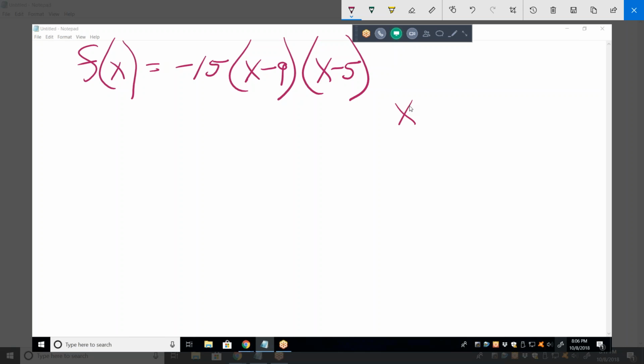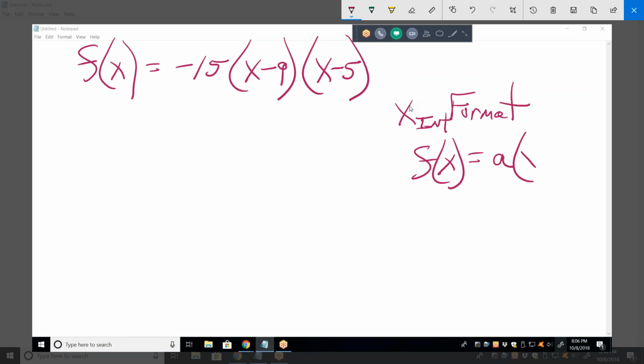This is called the x-intercept format. What the x-intercept format looks like is f of x equals, again, the a, and believe it or not, that's the same a, even though it's a different format, times (x minus p) times (x minus q), and p and q are your x-intercepts.